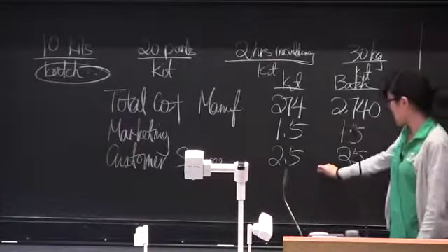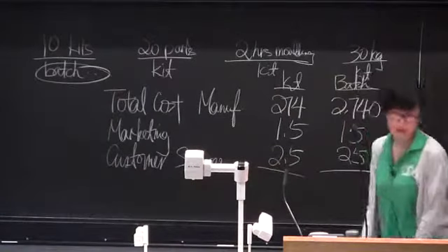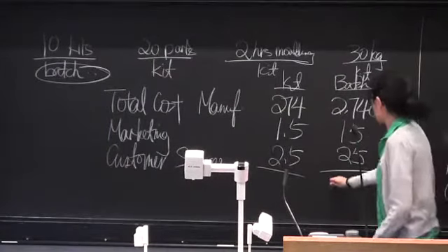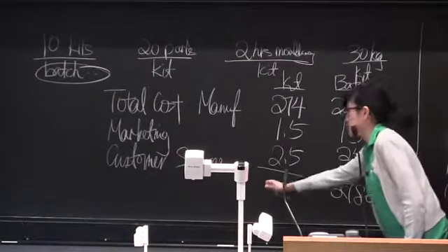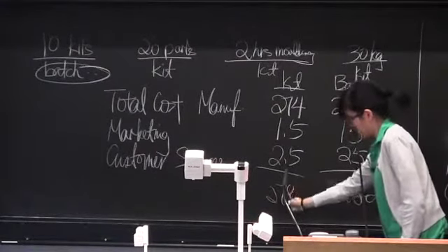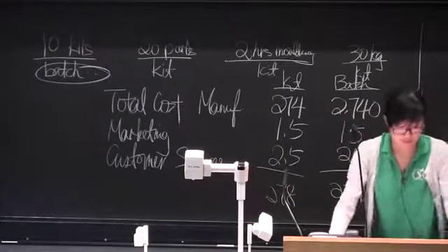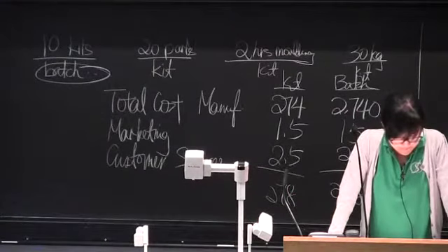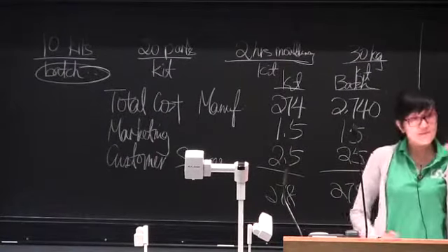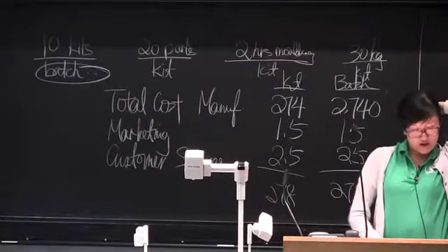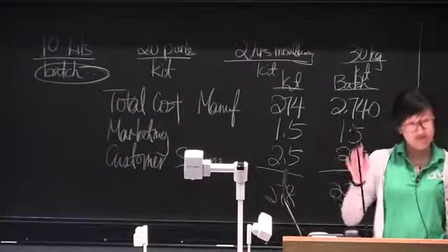You add them together, should give you 2,780 or 278. Right? That's all the calculation we're doing today.